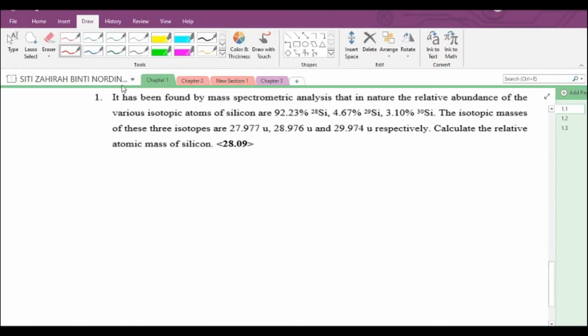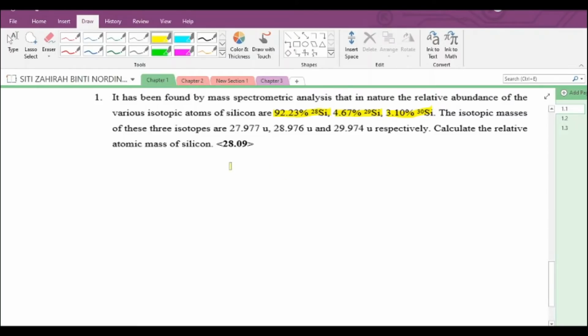So let's try the first question. It has been found by mass spectrometric analysis that the relative abundances of the various isotopic atoms of silicon are 92.23% silicon-28, 4.67% silicon-29, and 3.10% silicon-30.